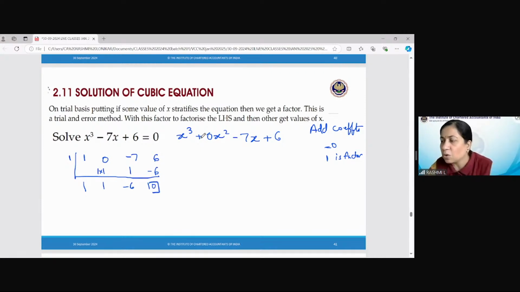Okay. So x is equal to 1 is 1 factor. Now here, this I will write as x square plus x minus 6 equal to 0.